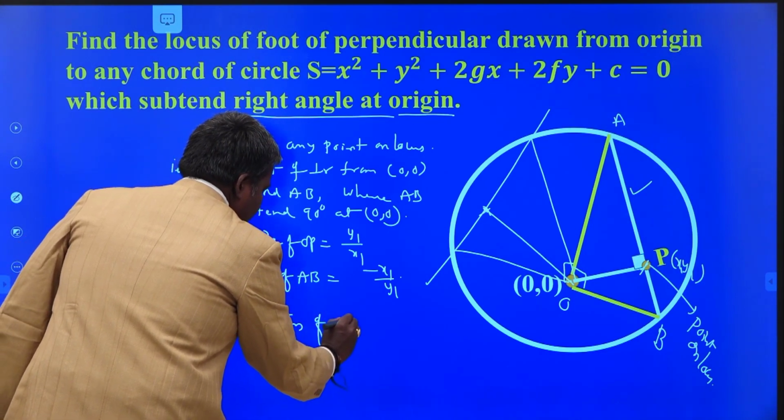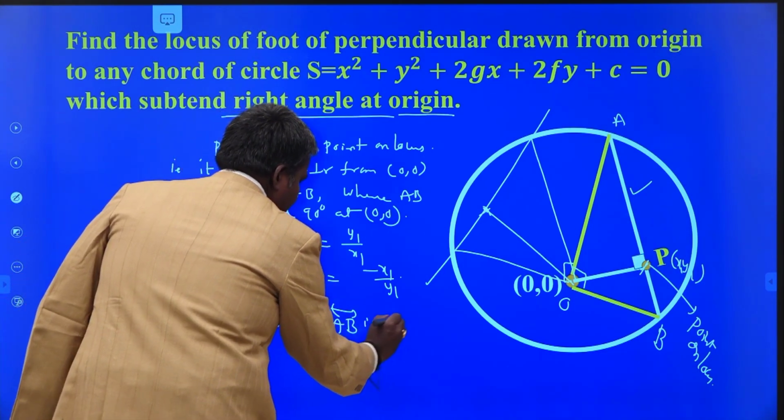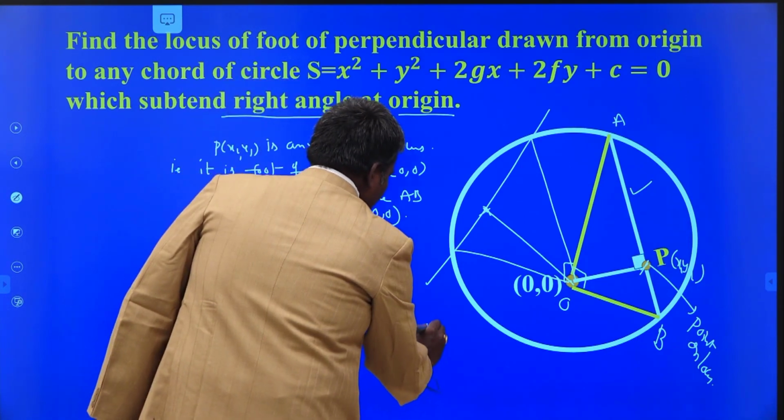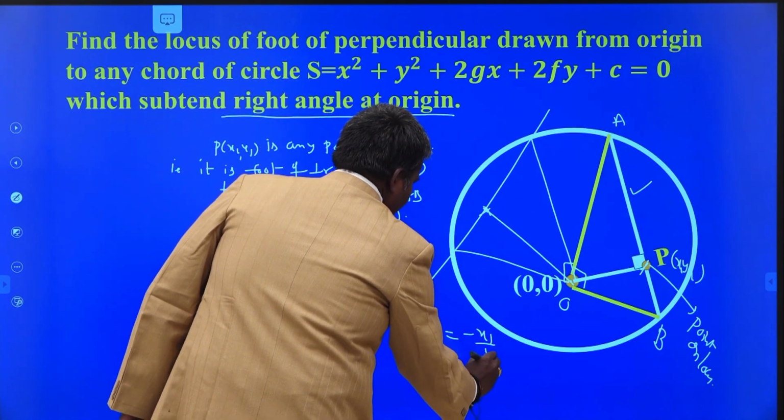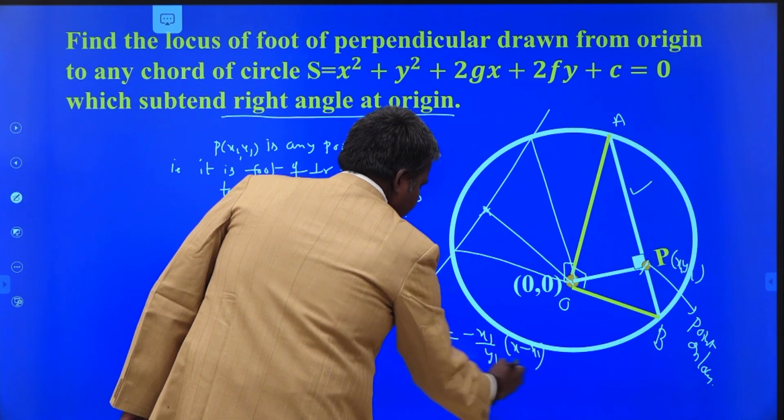Equation of AB is y minus y1 is equal to minus x1 by y1 into x minus x1.